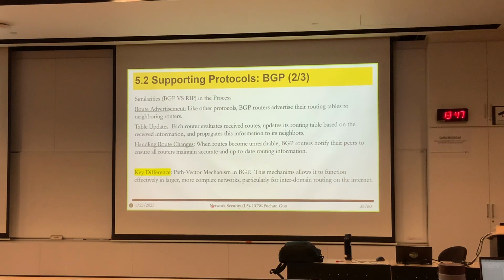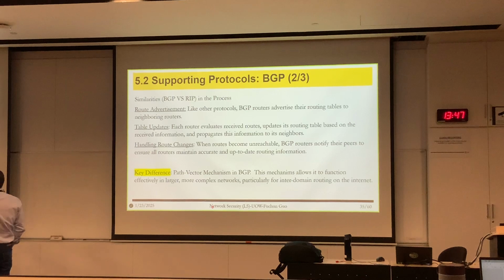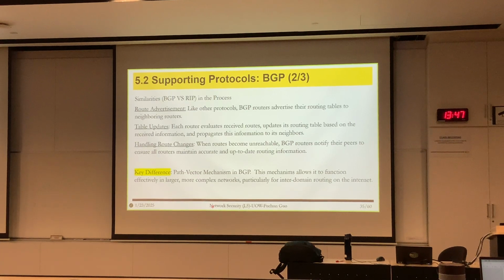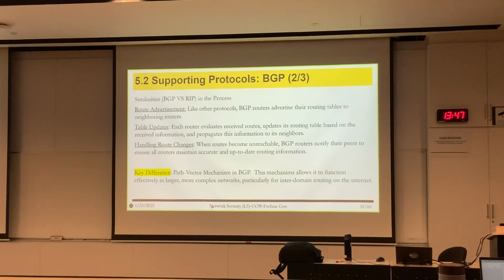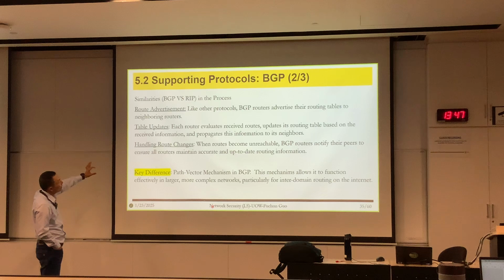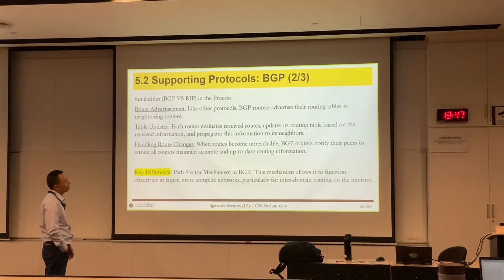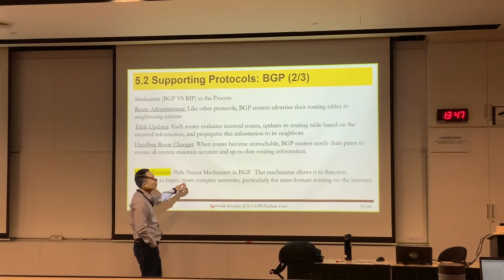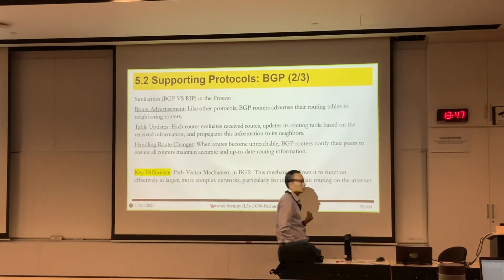That's why the detailed internals are somewhat different, though it's sort of similar. The difference is that they use the so-called path vector mechanism, and this allows these networks to be larger. And of course there are also some similarities.